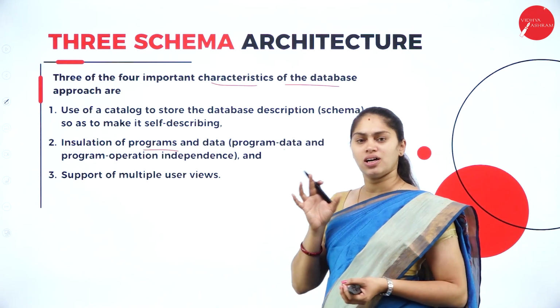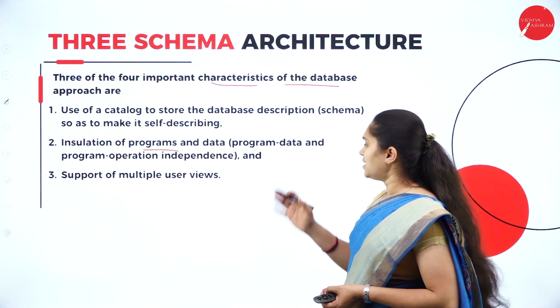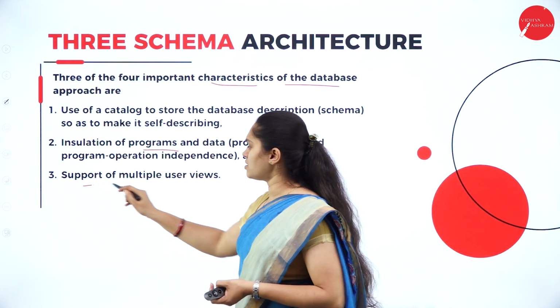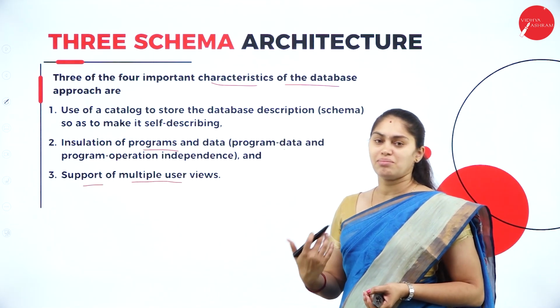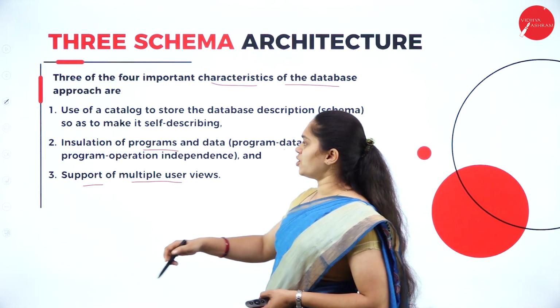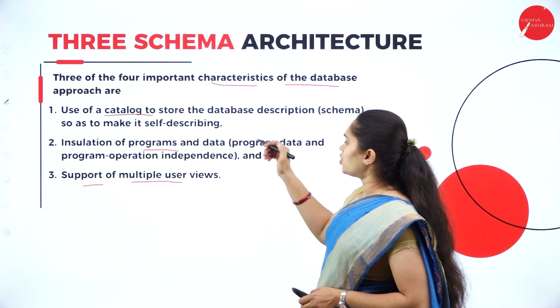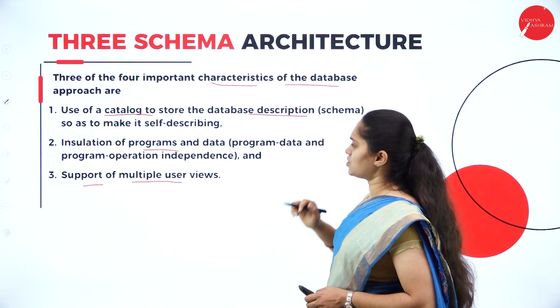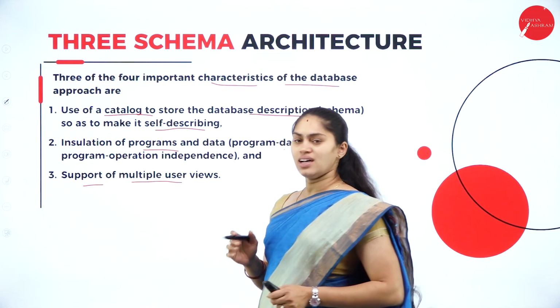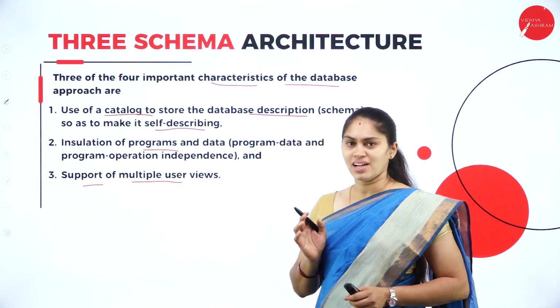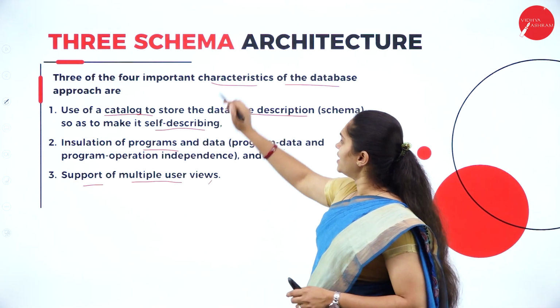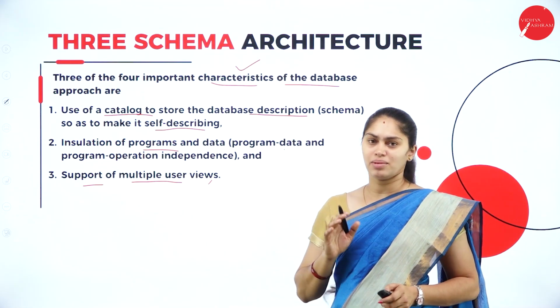So there must be program independence and data independence, and it also supports multiple user views and is multi-tenant in nature. You can also have a catalog here that stores the database description, that is the schema, and also the metadata, the self-describing nature. All these are characteristics of a database approach.